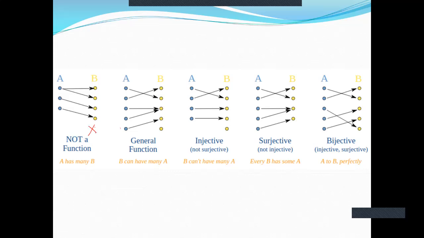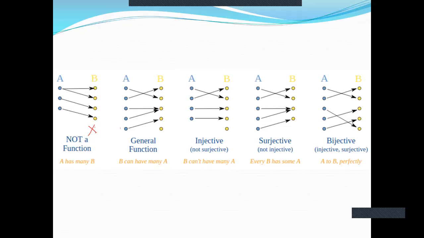This is the definition of the injective function, an example of an injective function. What does it mean? It is one-to-one. All the elements are mapped one-to-one. All the images have one pre-image, not more. So B cannot have many A's. A surjective function is where every B has some A, I mean every image has some pre-image.